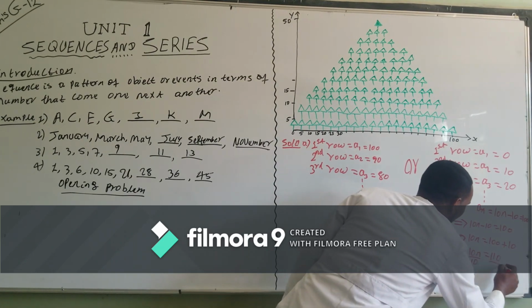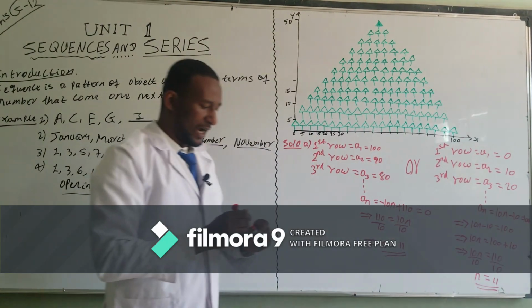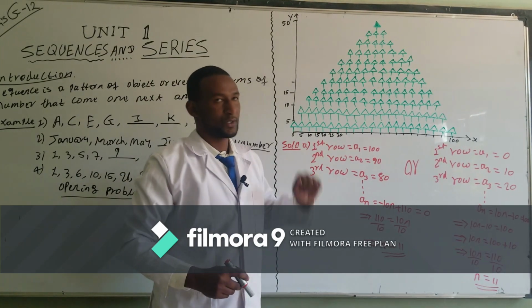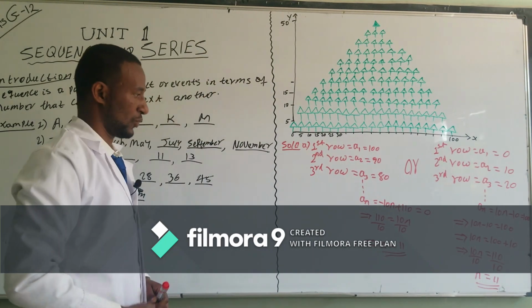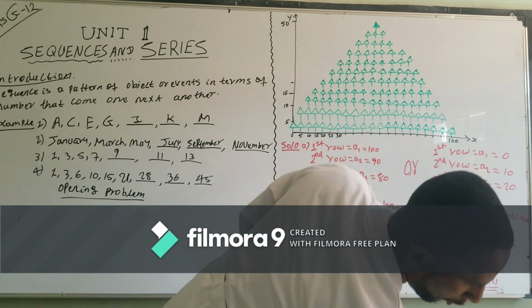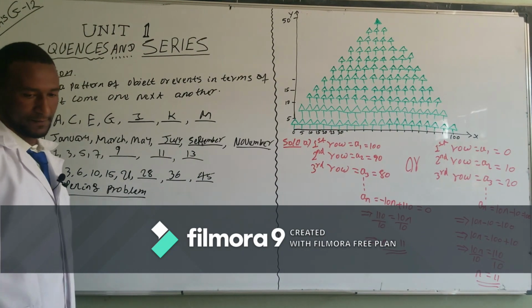Divided both sides by 10, n is equal to 11. That means this triangular region has 11th row. Therefore total row of this triangular region is 11.